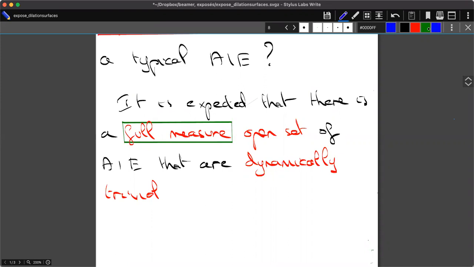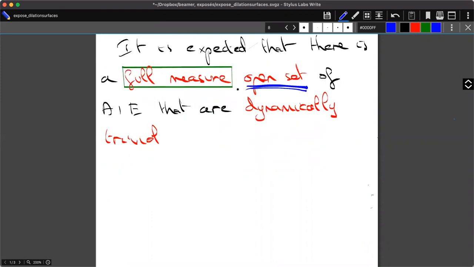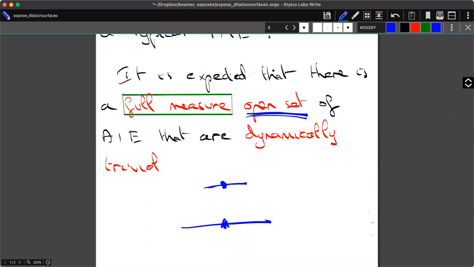The open set character, the openness of this, is just the fact that we expect, for a contracting map for example, this is a dynamical behavior which is stable under small perturbation. Having an attracting periodic orbit is stable under small perturbation, and that's why this property is open.